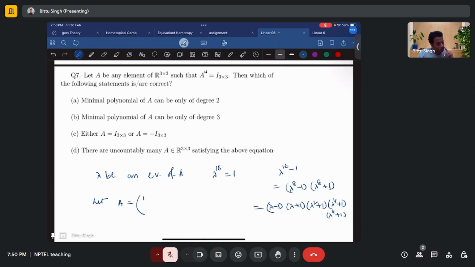The problem will occur because of those kinds of things in the minimal polynomial. Here the algebraic multiplicity of 1 is 1, the algebraic multiplicity of minus 1 is 1, and the algebraic multiplicity of plus minus i is also 1. Here the roots may be repeated, is it? No, roots are not repeated. All those roots are distinct.